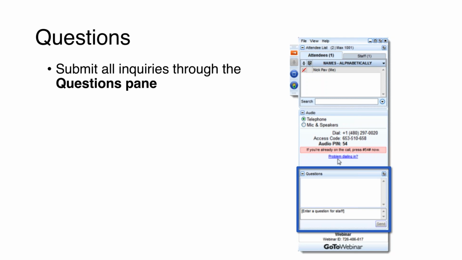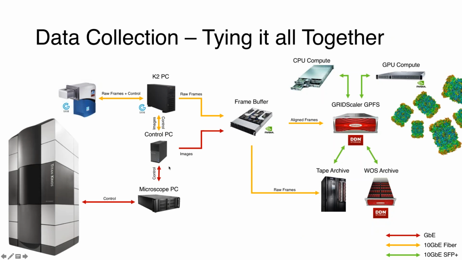Yes, good question. So here we collect with Leginon. All of our scopes are running through this Leginon control PC. There's actually a script included with Leginon that handles the fetching of the raw frames from the K2 PC to the frame buffer.